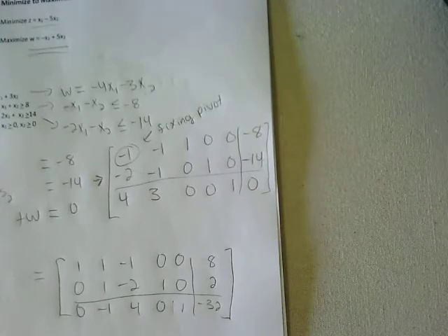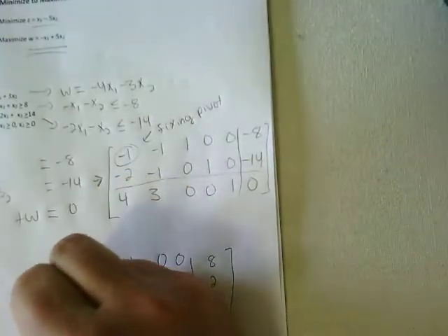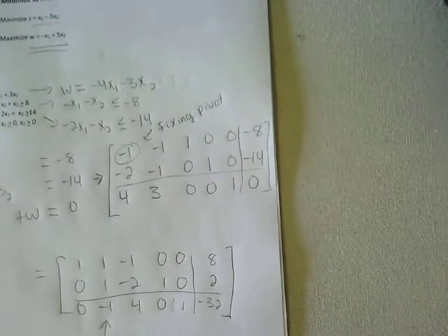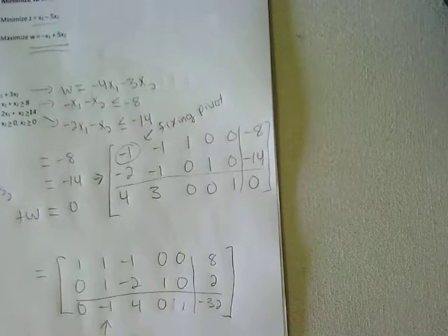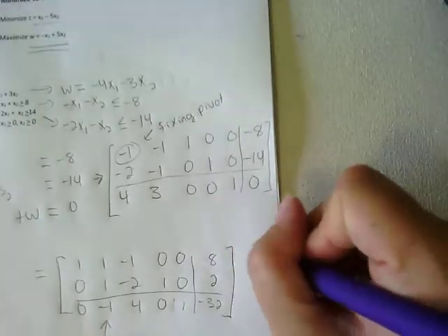Now my problem is that though this is a solution to my system, it is not optimal. I need to pivot off of this column because I have a negative element in the bottom row, and I'm going to find my lowest ratio. This ratio here will be 8 divided by 1, which is 8.